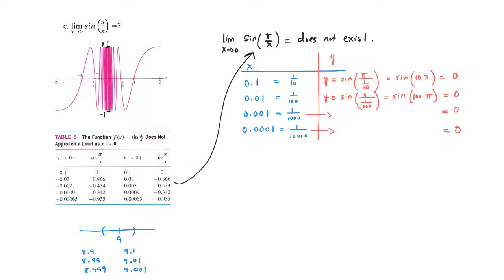While tables can be very helpful to determine the limit of a function at a particular value of a, they can also at times be very misleading.